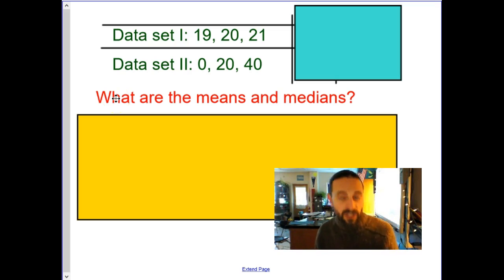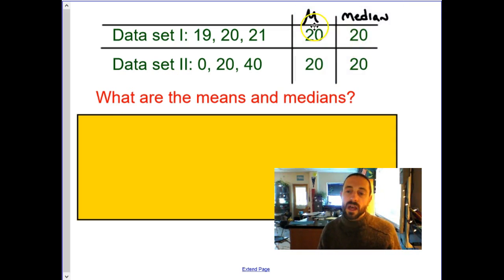Let's look at the means and the medians. As you recall, the mean, if it's a population, you add up all the values and divide by the number, or if it's a sample, add up all the numbers and divide by the number of samples you have. When you add these up, you get 60, and 60 divided by 3 is 20. You'll notice I also have these in order, so 20 is the middle number, the median.